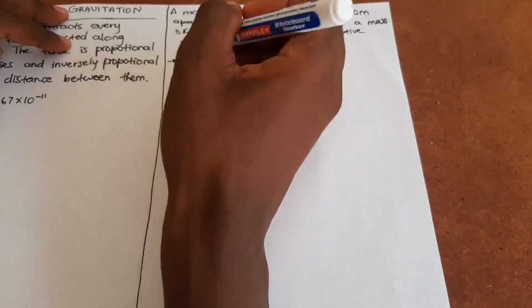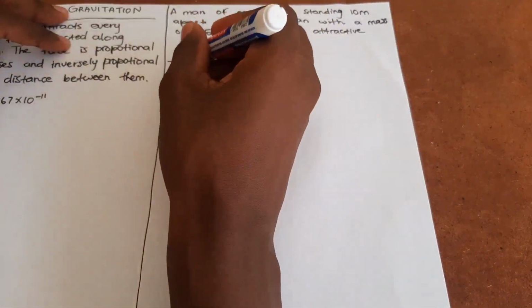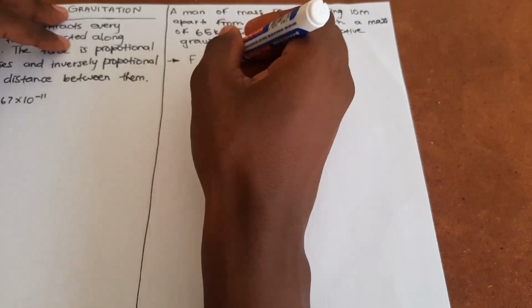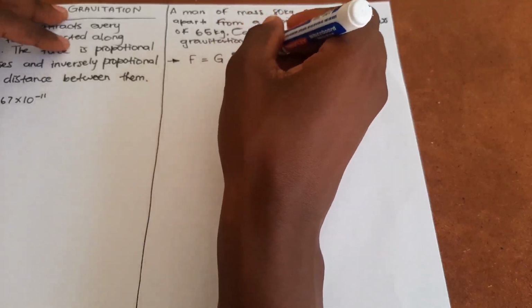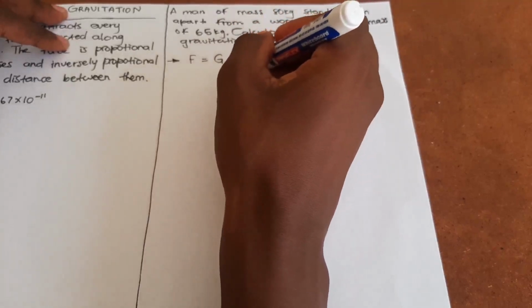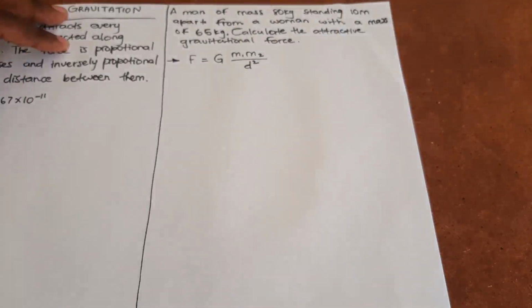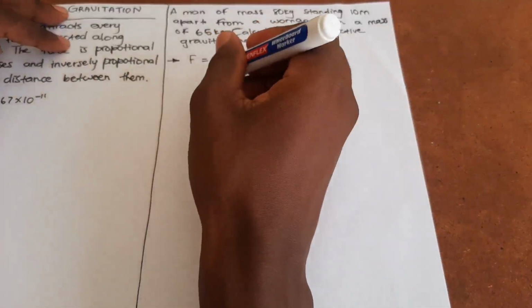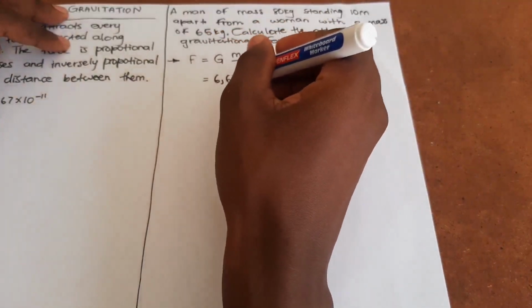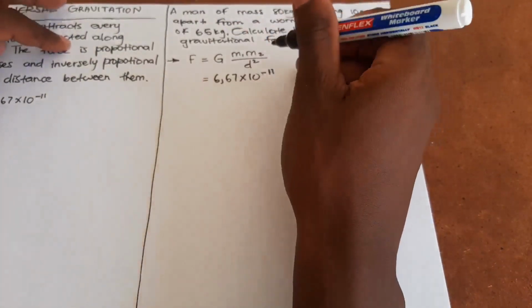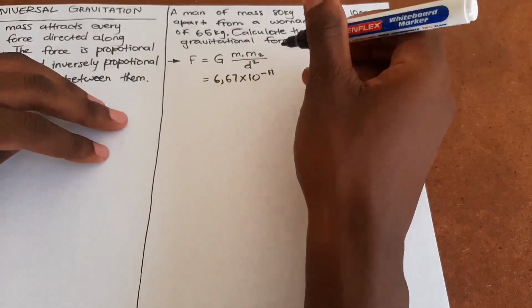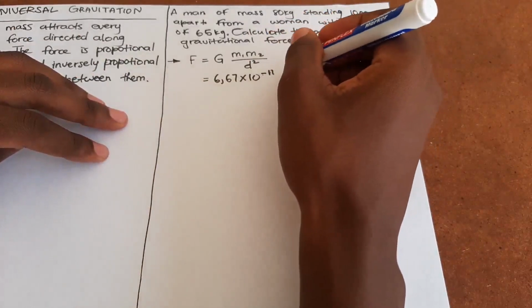So these are the answers. F is equal to the gravitational constant times the product of the masses over d squared, the distance between them. So this will be equal to 6,67 multiplied by 10 to the power of negative 11, our gravitational constant. This is multiplying with this fraction.